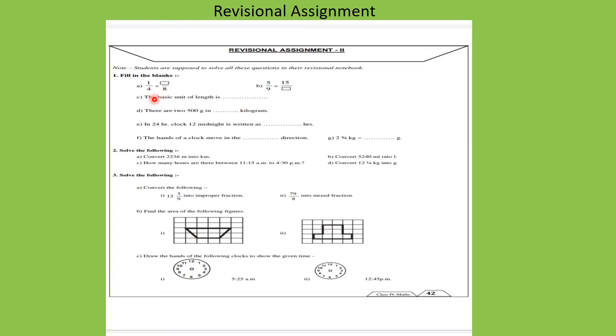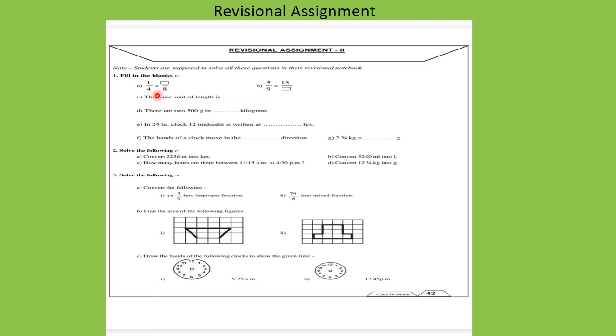Here is the basic rule of fractions which we have studied: whenever we multiply or divide a fraction, it should be multiplied or divided by the same number in its numerator and its denominator as well.